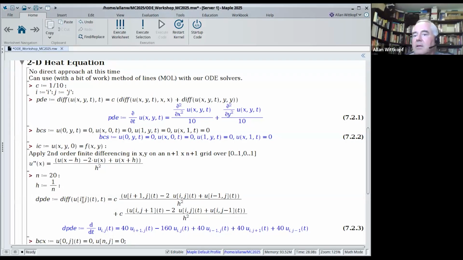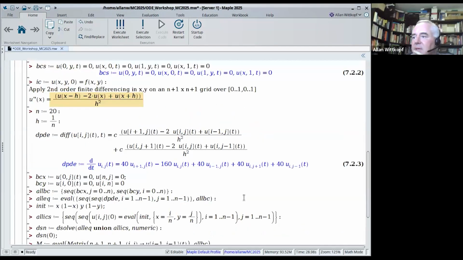So the derivative of Uij as a function of t is given by the diffusion coefficient times the finite difference in the x direction plus the finite difference in the y direction for the second order derivatives, using this formula right here. Right? So we get this rather simple equation out.